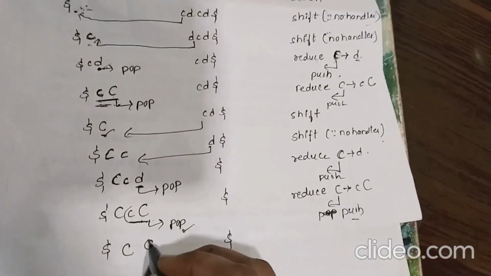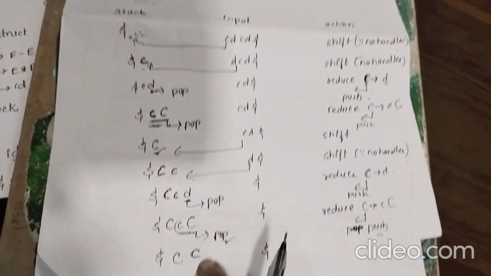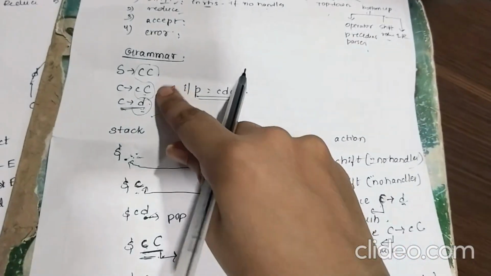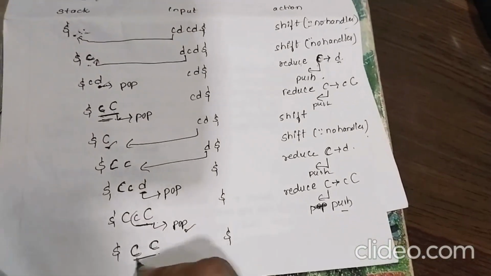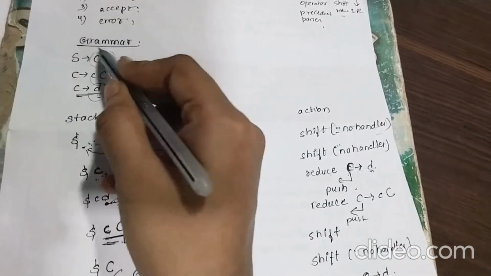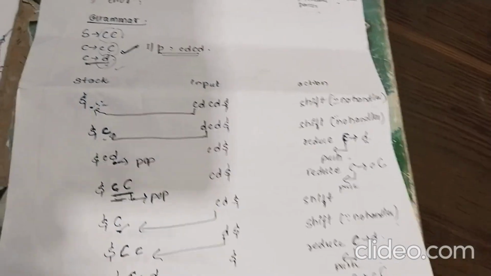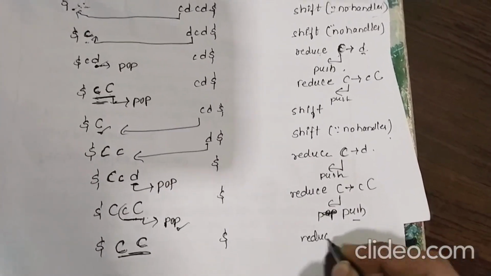Now see. Do we have only C in the stack? Only in this tag we have C. Do we have it as the right hand element? No, right? So no. Both combinedly we have. So if the handles are present in the stack, then we need to perform reduce.